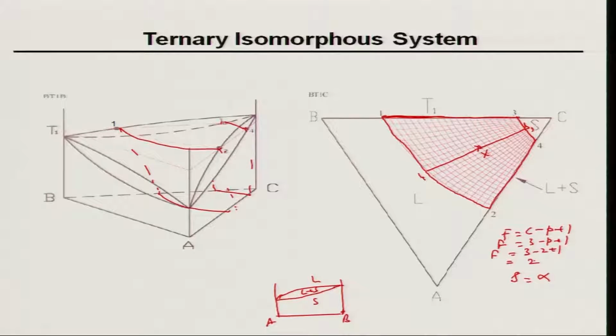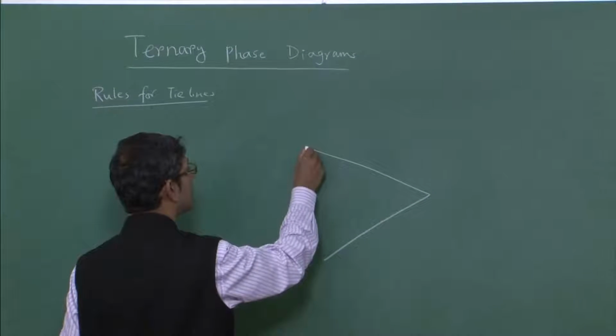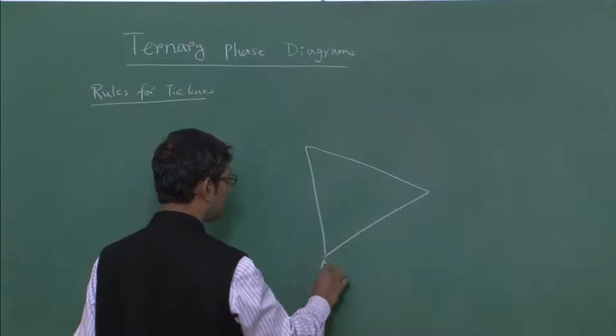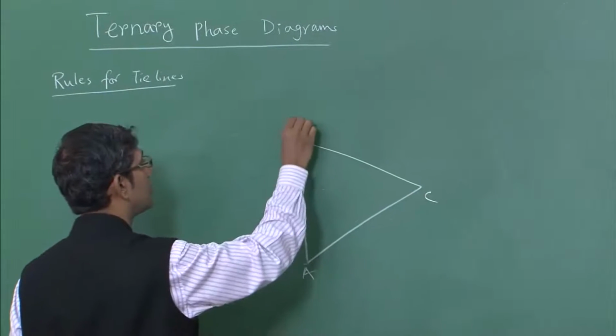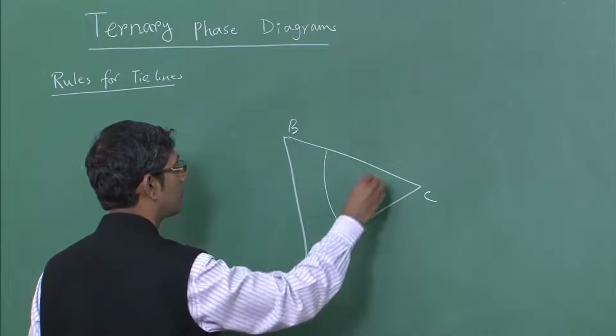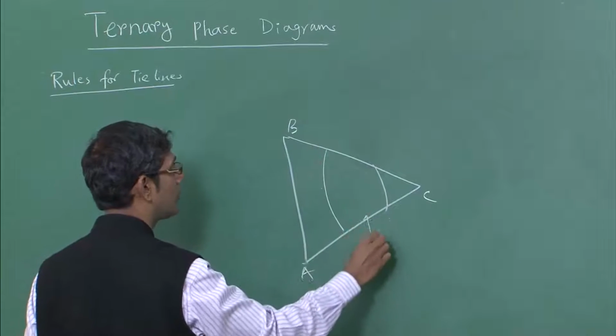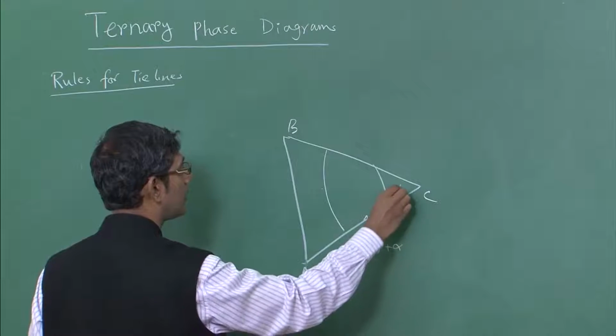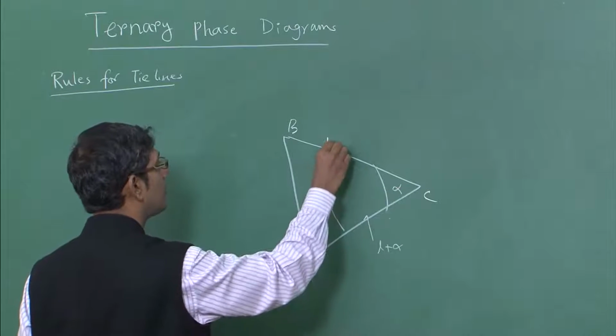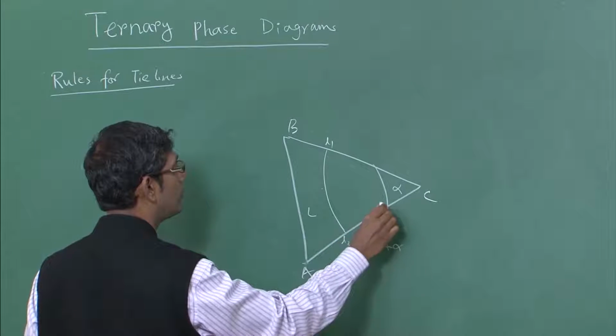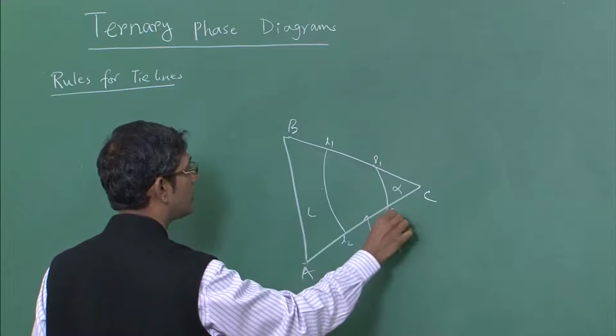Now let me go back to the board and explain it. It is very convenient. Suppose I draw this, my liquid plus solid zone, with L1 L2 and S1 S2.